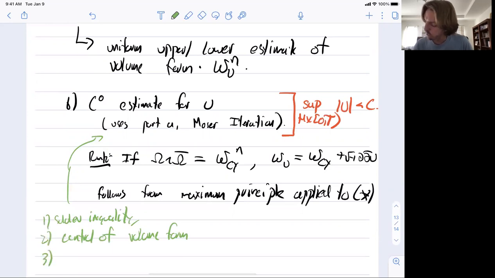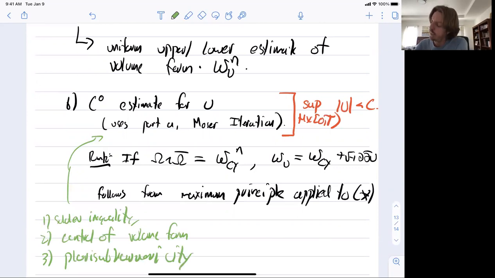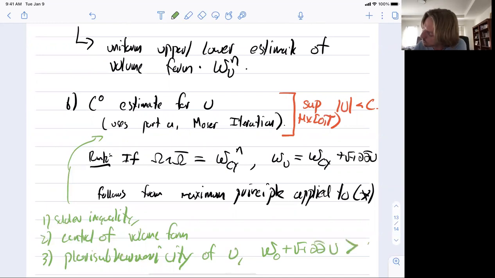But also crucial is the pluri-subharmonicity. Maybe I'm making it out to be more than it really is, but all I mean here is that omega plus omega naught plus i del bar u is positive. Somehow these three things are crucial in the proof.